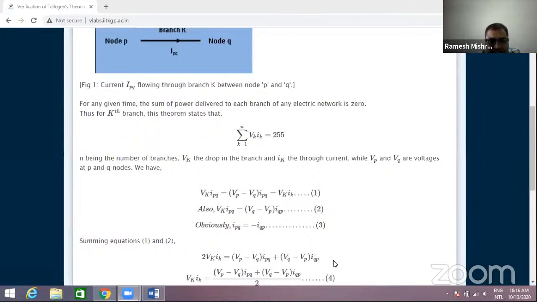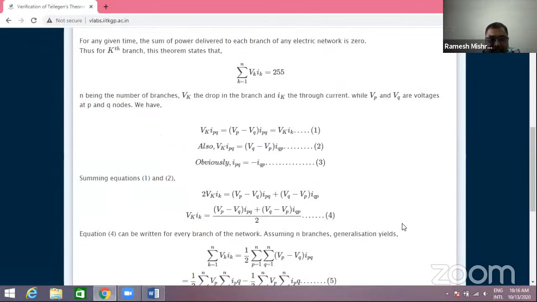You can write it in this manner. In the fourth equation, we shift the 2 to the right hand side, and we can write: Vk into Ik is equal to Vp minus Vq into Ipq plus Vq minus Vp into Iqp, divided by 2. This is equation 4.